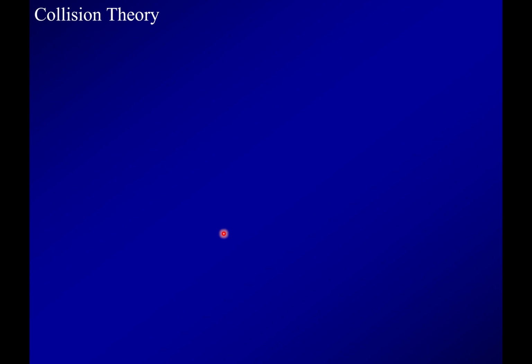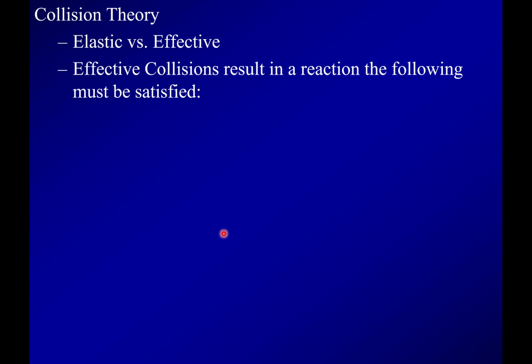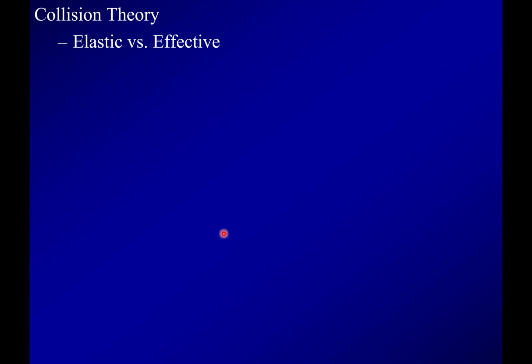Last couple things, a little bit about collision theory. I want to talk about an elastic collision versus an effective collision. A collision is simply when two molecules collide. In order for a chemical reaction to take place, two things have to happen.